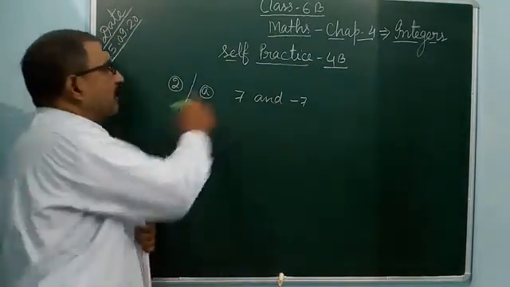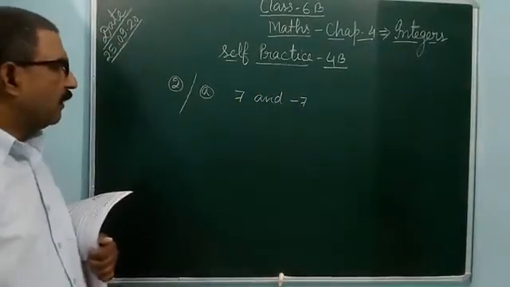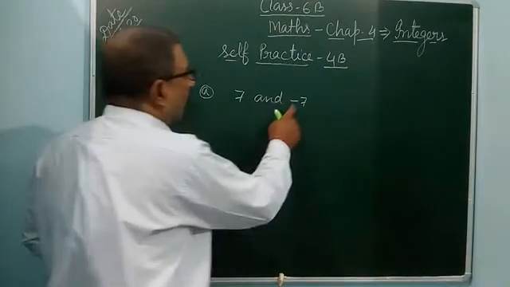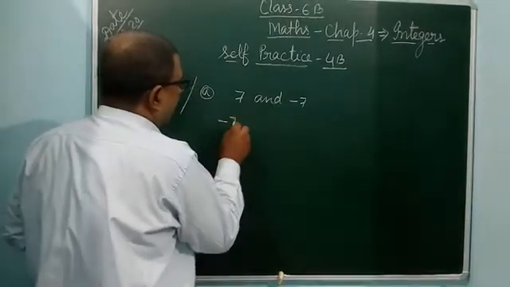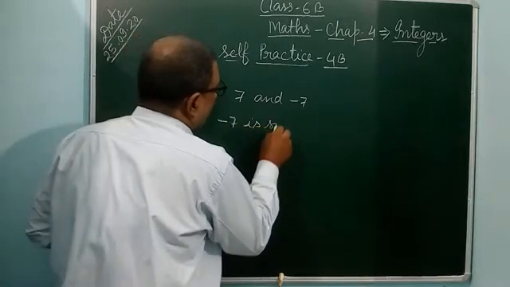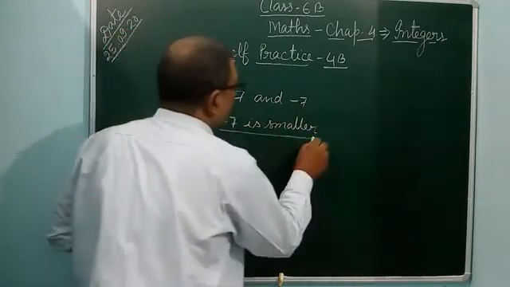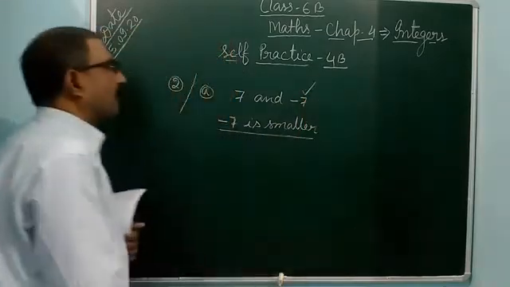So 7 is positive, minus 7 is negative. In this way, you can say the smaller is minus 7. Minus 7 is smaller.